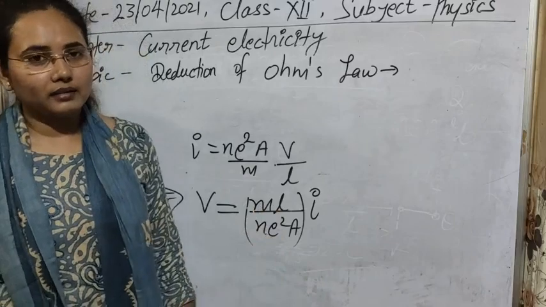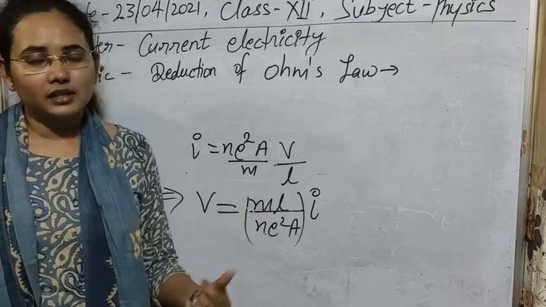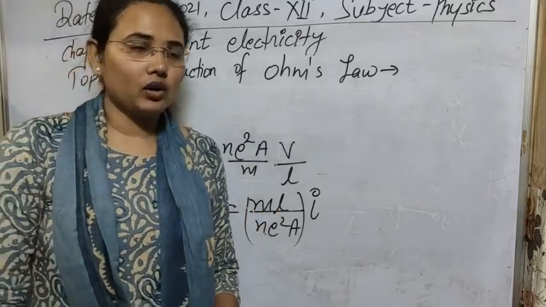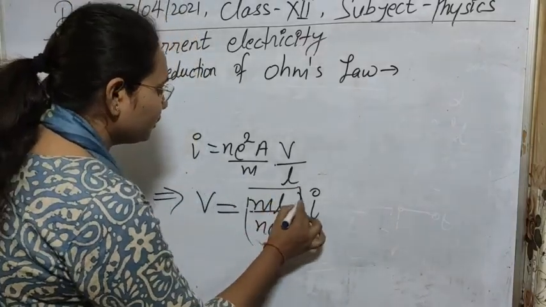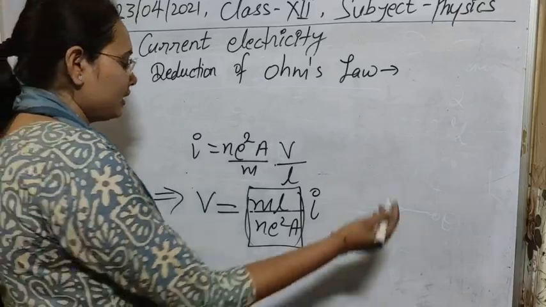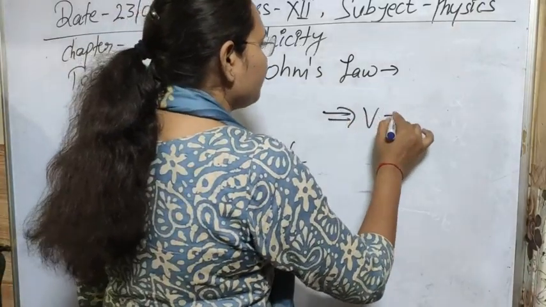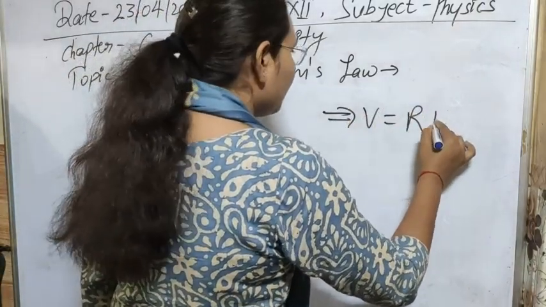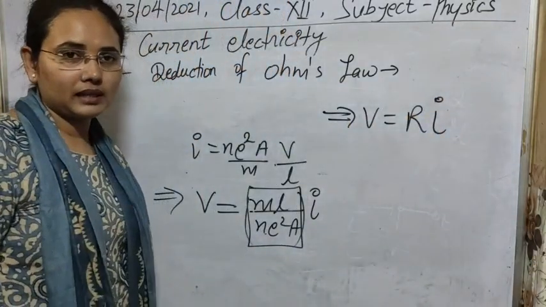So according to that, obviously this value will change. So if all these factors are constant, then this whole bracket term will be constant here. So in the place of this whole term we can write a new constant, that is R.